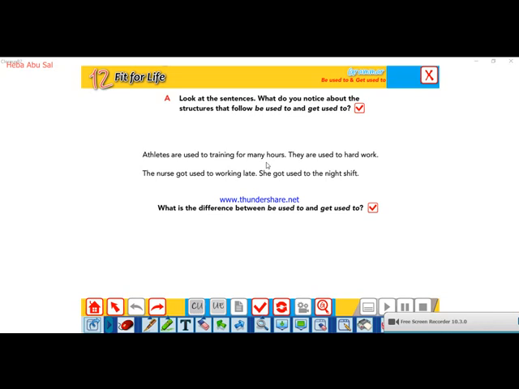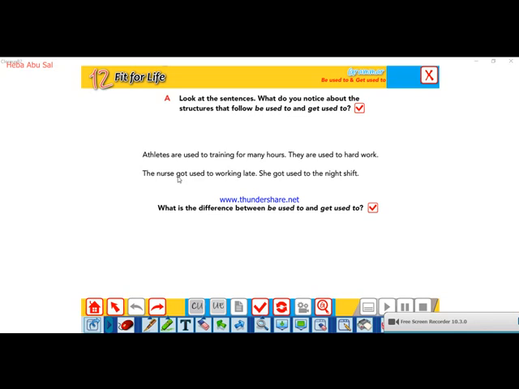So they are used to training for many hours. They are used to hard work. So we have here be used to plus a gerund.